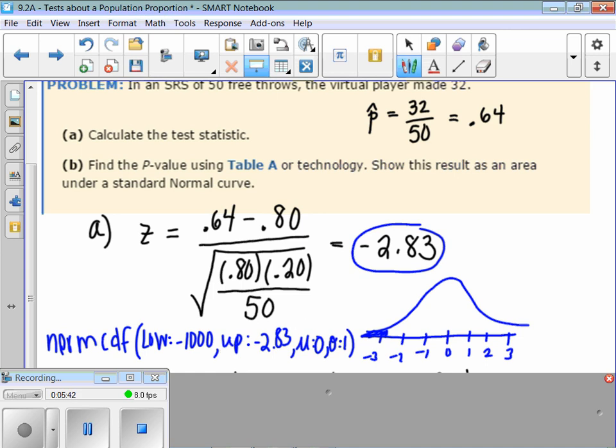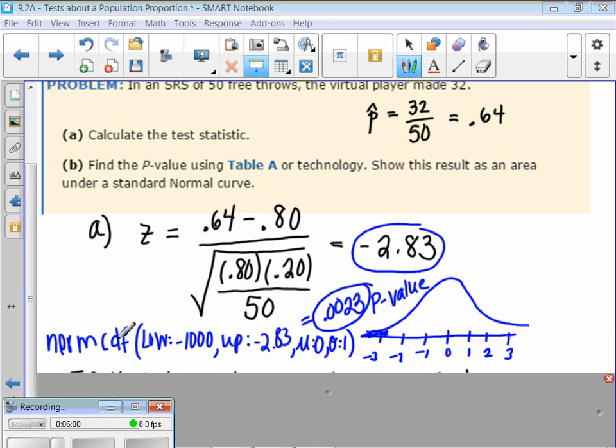Okay, plug this in. Sorry, I ran out of room. We get a p-value of 0.0023. Okay, this is our p-value. In other words, this is the area under the curve. How weird is it? That's a pretty small number, right?